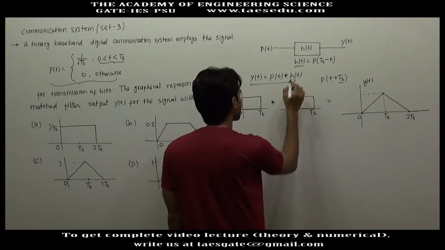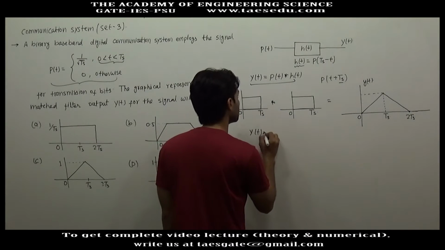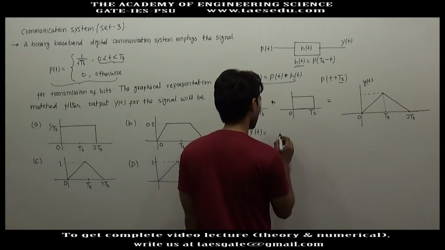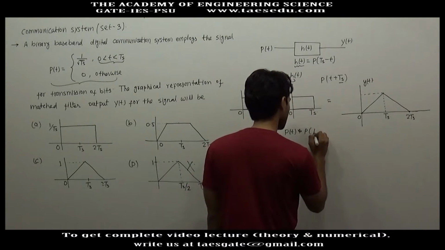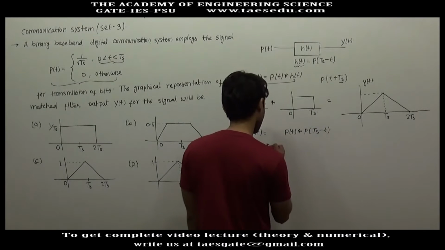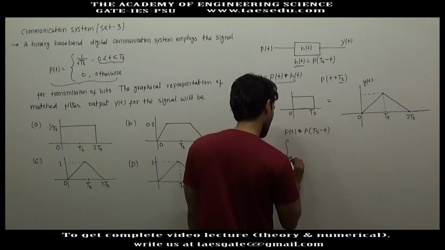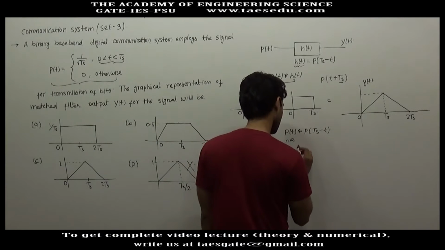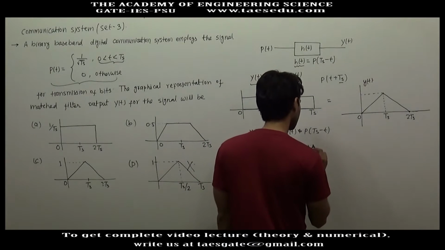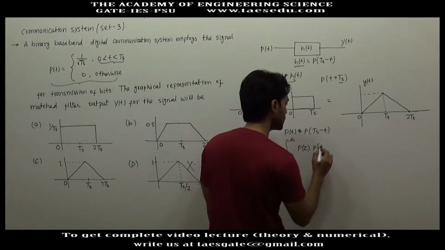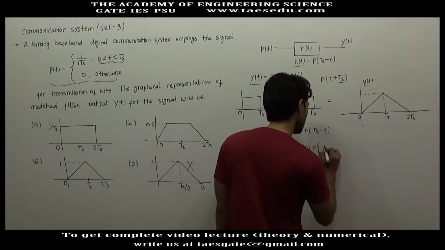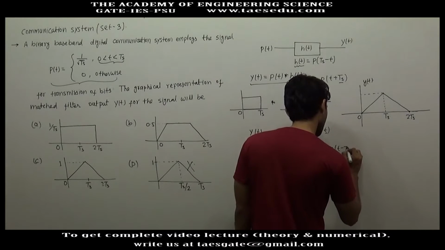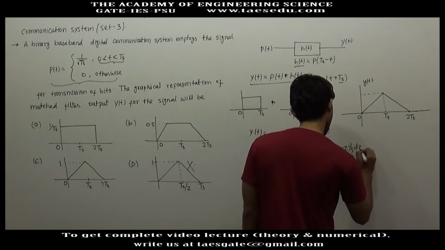Let us write the expression for y(t). y(t) will be p(t) convolution p(Ts - t), the integration from minus infinity to plus infinity of p(tau) into p, where in place of t we will put t minus tau, so p(Ts - (t - tau)) d tau.